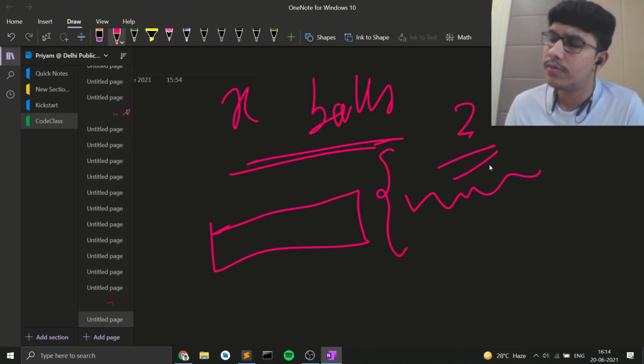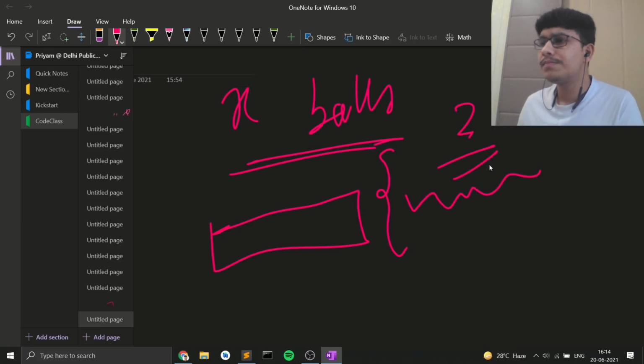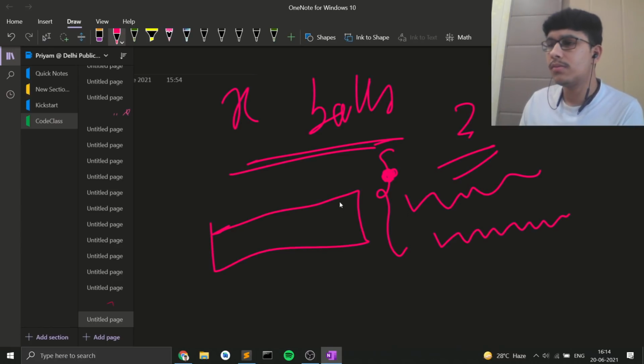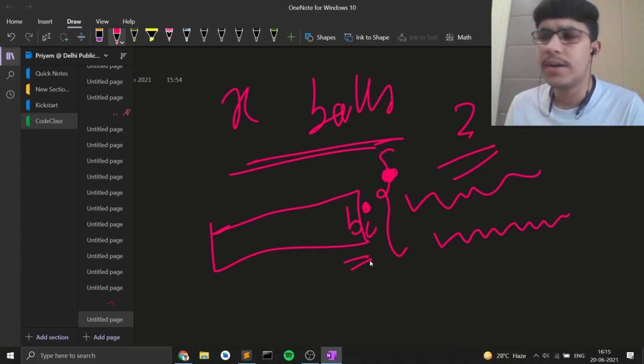I buy all of them with a price of 2, and then I just check whether the number of balls that I have bought here is greater than the current BI value. Can I do that?